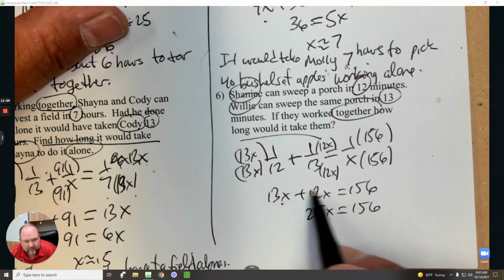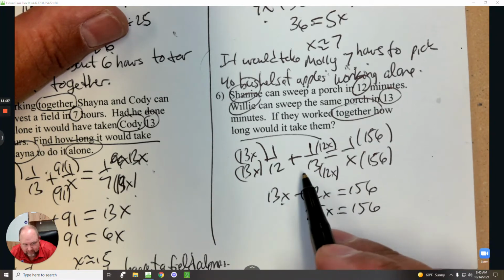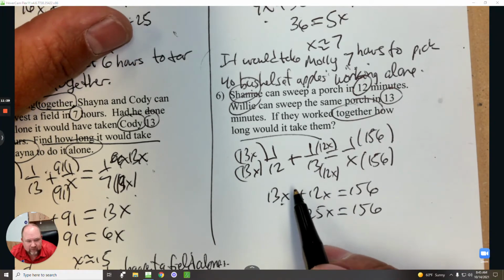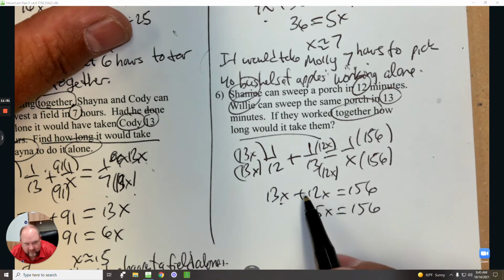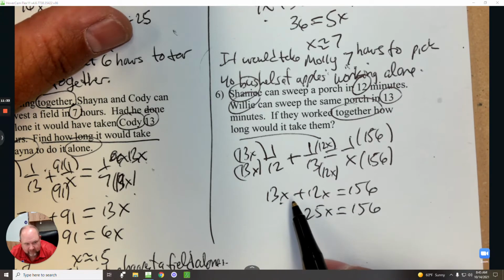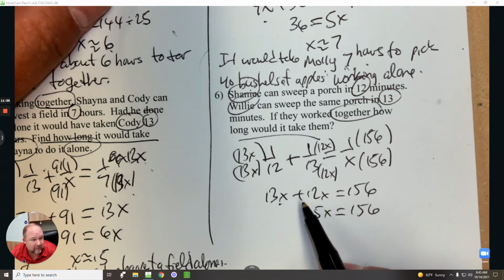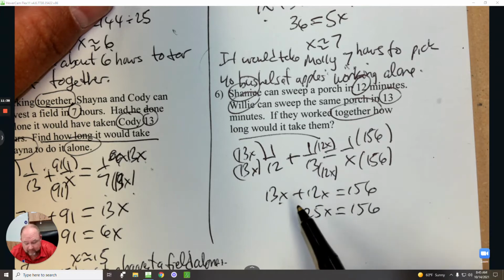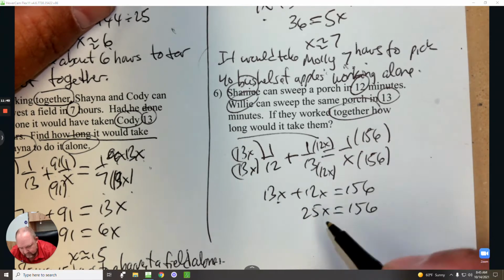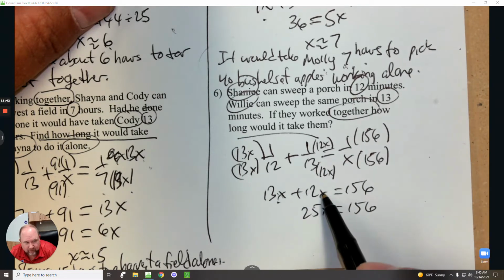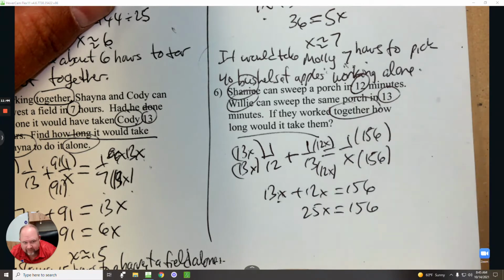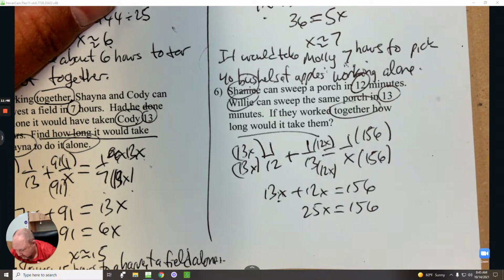So this is 13x plus 12x equals 156. Because these numbers are very close, their rate is very similar. If you find the average in terms of that, if they work together, then half of that would take away the time anyway. So the answer is going to be close to about 6, right? So if they both take about 12 minutes alone, when they work together, it would take half the time to finish the job, just logically speaking.